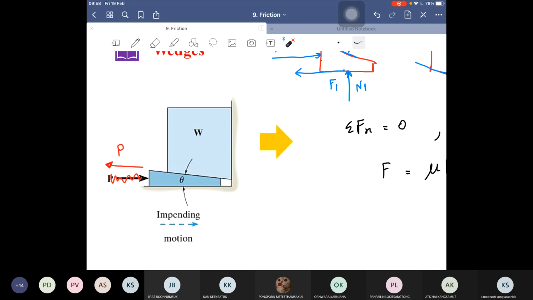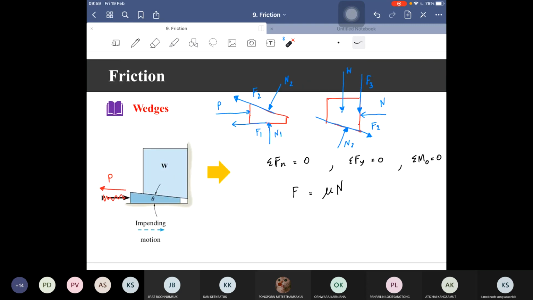Because if we exert this force P, the wedge will move to the left-hand side. Then the frictional force will act to the left-hand side. So the friction force does not necessarily act in this direction. It depends on the force P and the direction of movement.